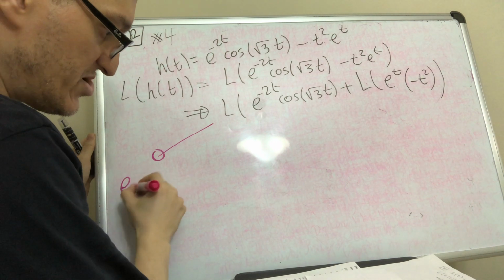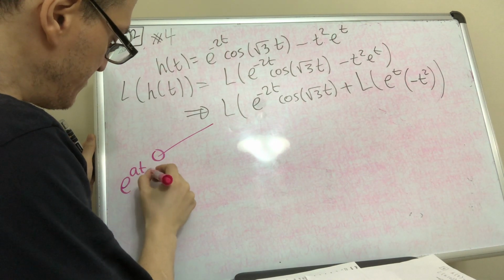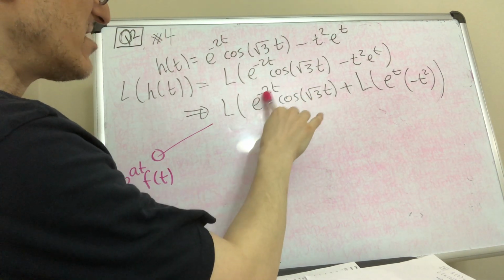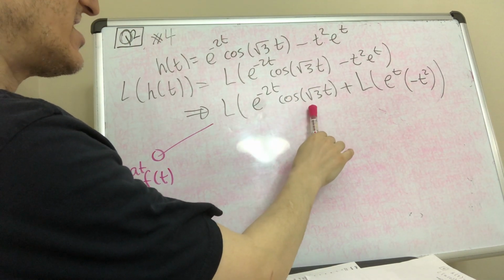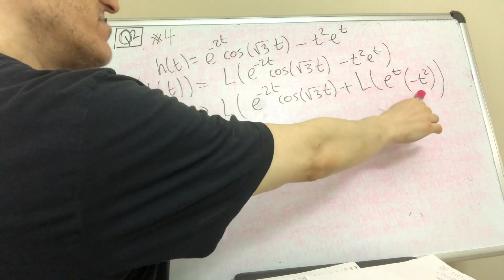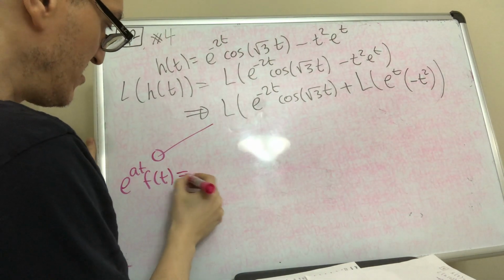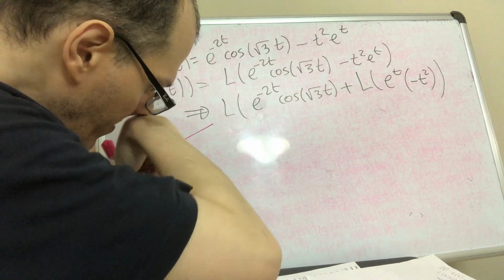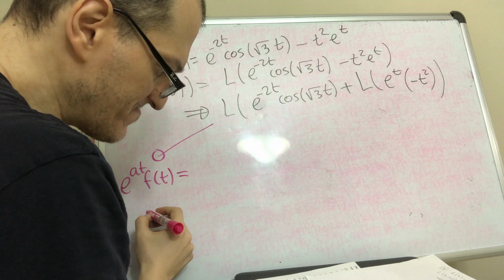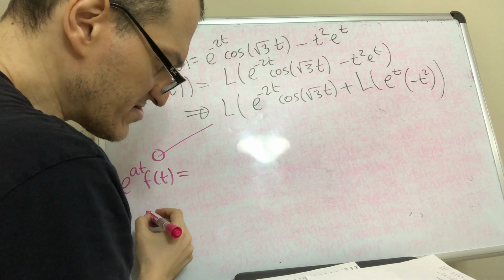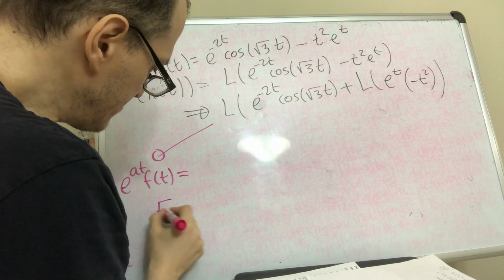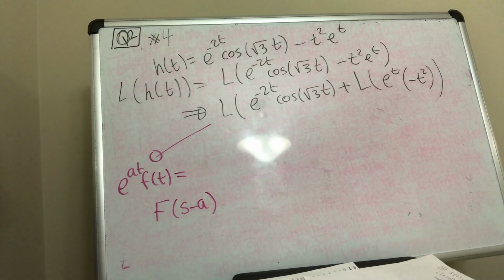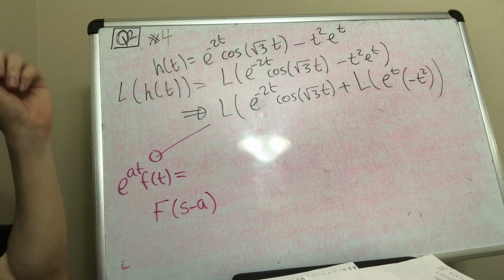You'll see it. It's when you have e to the at f of t. When you have e to a certain number t and a function of t, the rule states, what is it? It's F of s minus a.